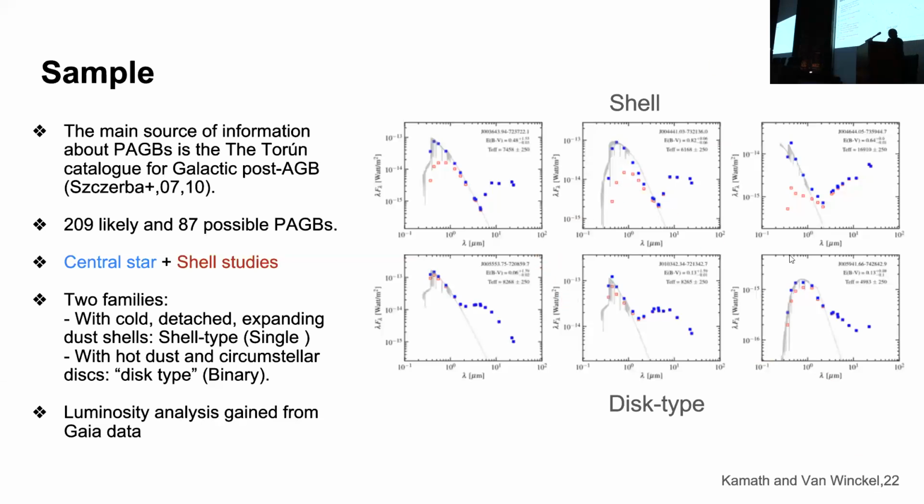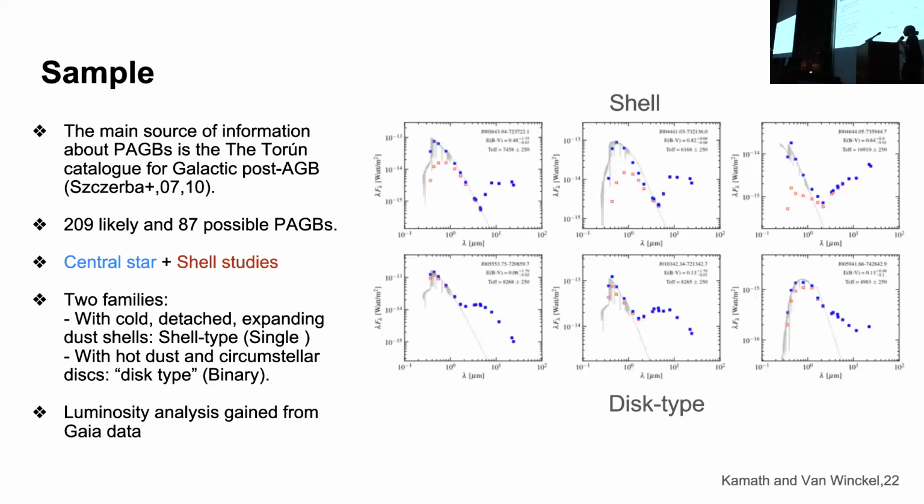What's the difference? The difference is on temperature. The shell type have cold and detached expanding dust shells. The disk type have a hot dust circumstellar disk. Generally, the top one, the shell post-AGB stars, are linked to single post-AGB stars. The other one, the disk type, are linked to binary post-AGB stars.